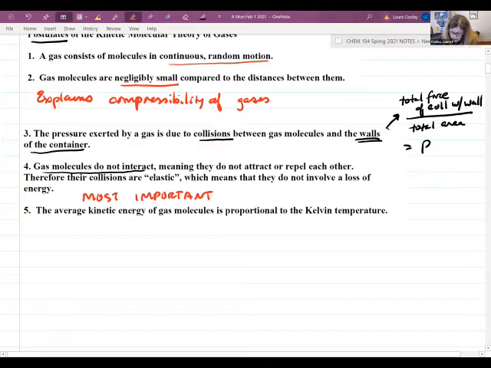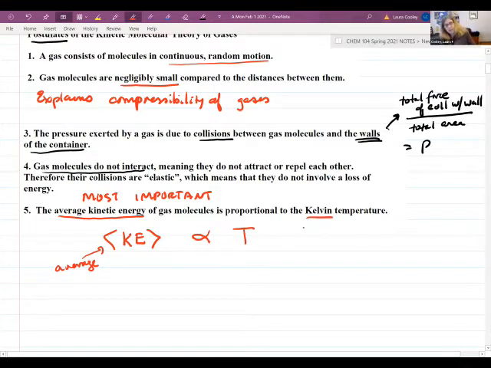because it has to do with what temperature really is. This kinetic theory proposes that the average kinetic energy of gas molecules is proportional to the Kelvin temperature. These brackets are how we write average. So the average kinetic energy is proportional to the temperature, as long as we are in kelvins.